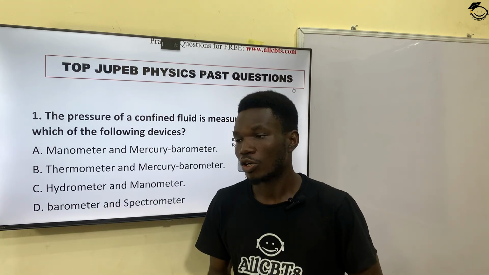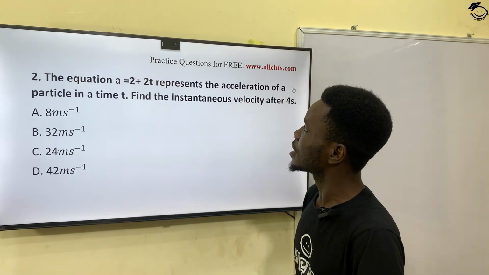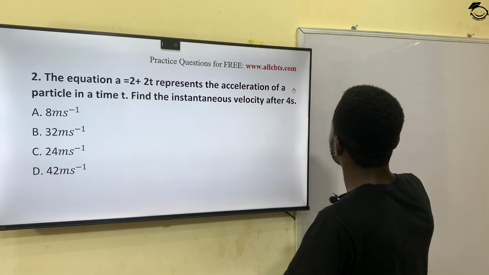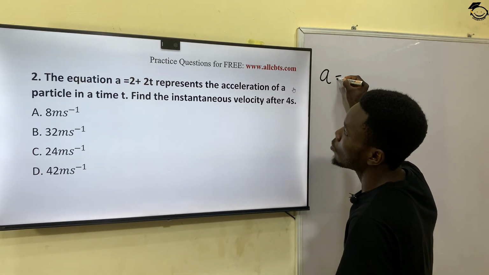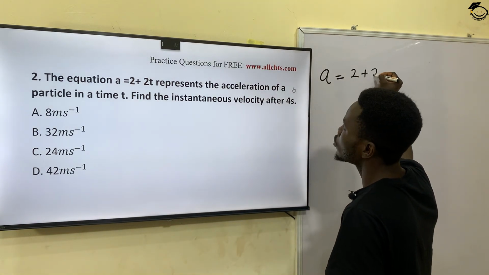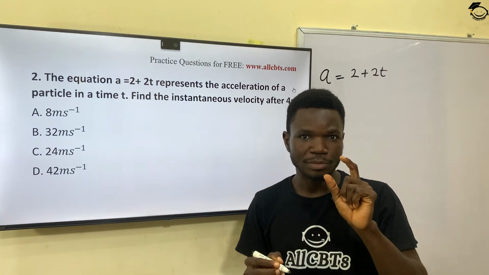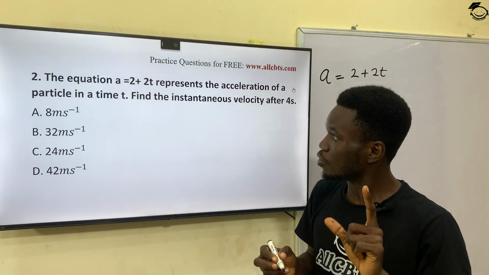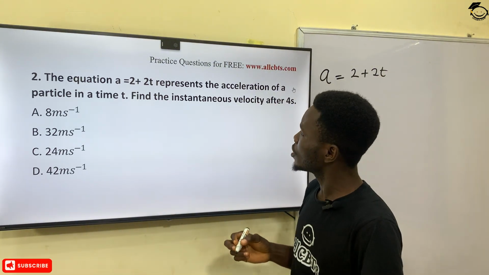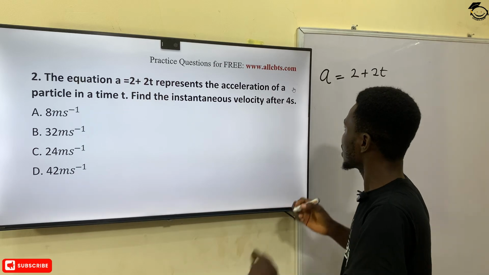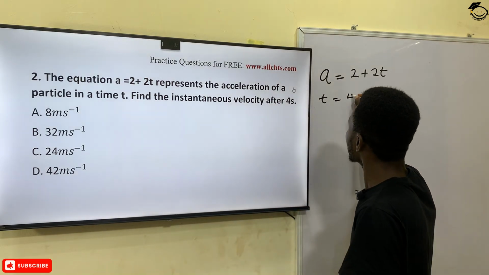So that takes us to question number 2. We say the equation a equals 2 plus 2t represents the acceleration of a particle in time t. The question is, find the instantaneous velocity after a time of 4 seconds.